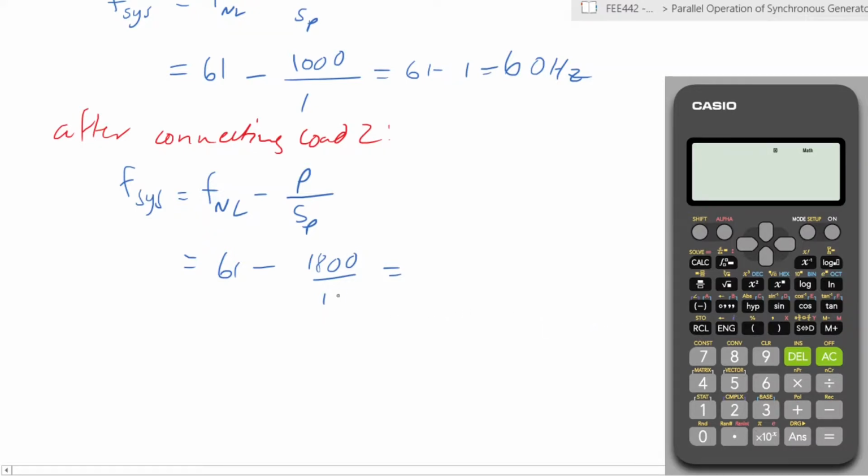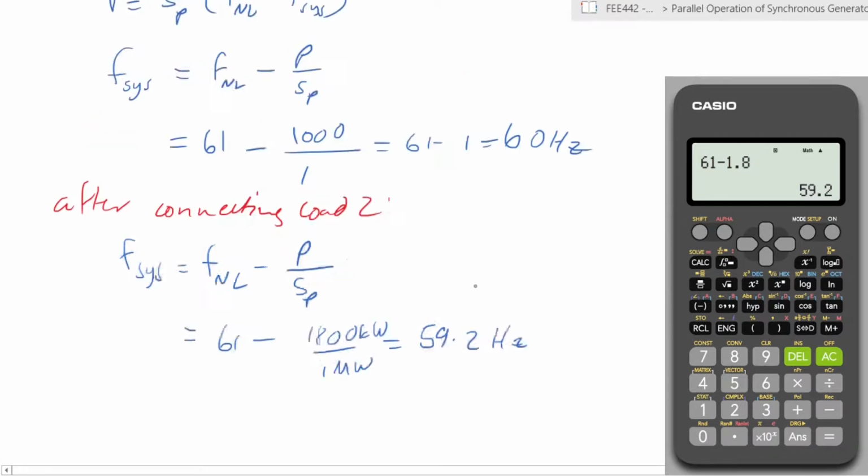The reason for the change is this is in kilowatts and this is in megawatts, right? So you can actually subtract them. So minus 1.8, it gives us 59.2 Hertz. Okay, that's after connecting load 2.